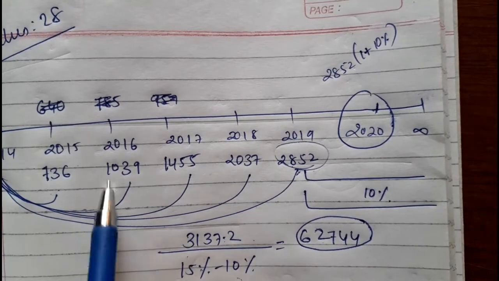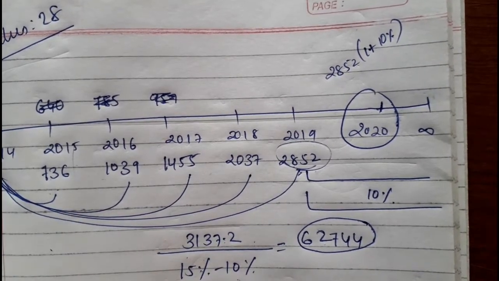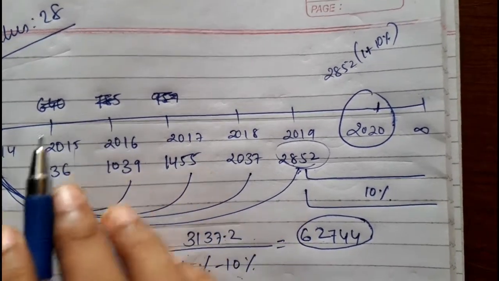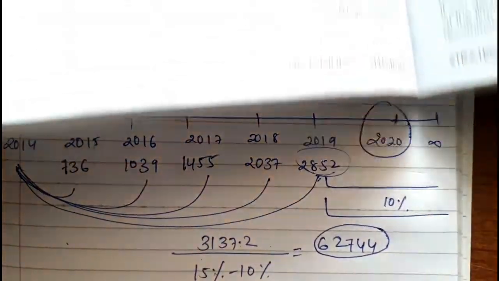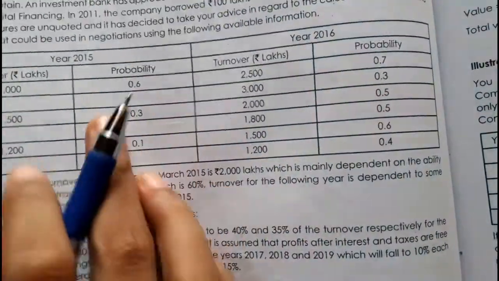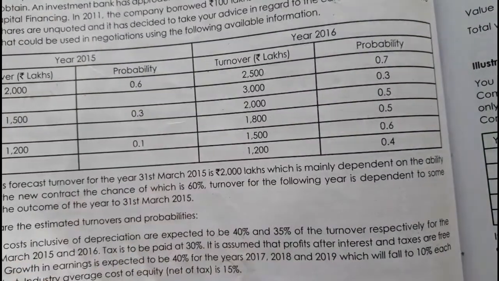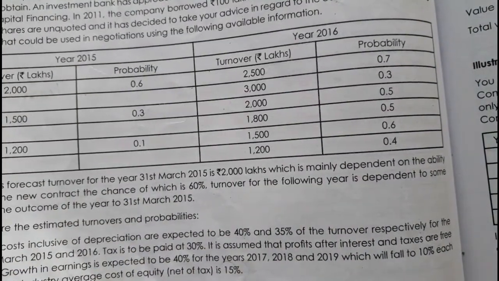Discounting, we'll get all the present values, and adding all of them we'll get the value of the business, that is 36145. The main difference in this question is only the probability part, so only this is important. The rest are all the same as what we did in the previous question.